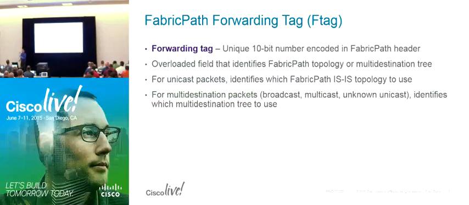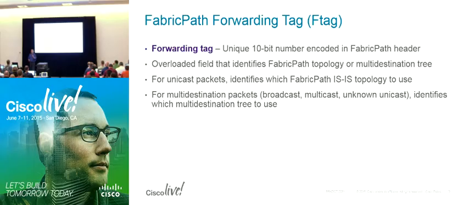And it may actually answer more of the question on topologies, right? The question was whether the F tag is only used for multi-destination trees, but now it says that for unicast packets we actually identify all of them. Yeah, I mentioned this earlier. So what is it used for?